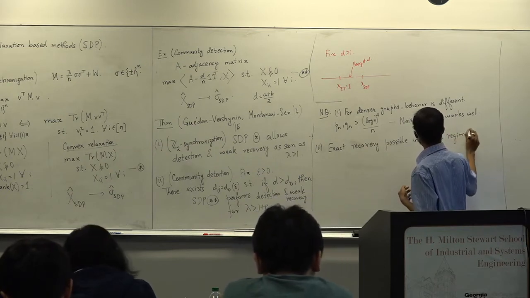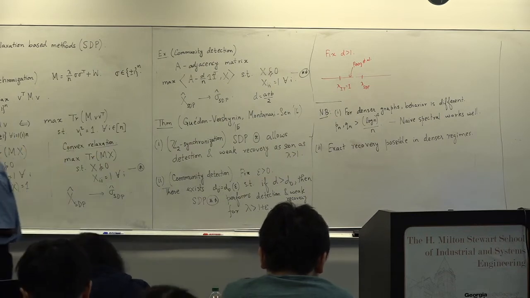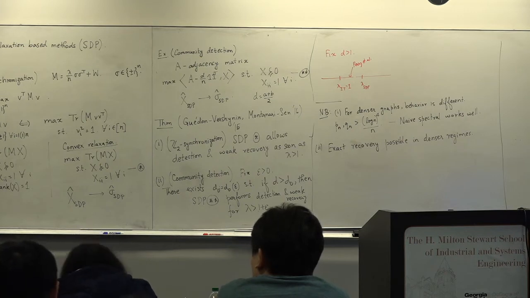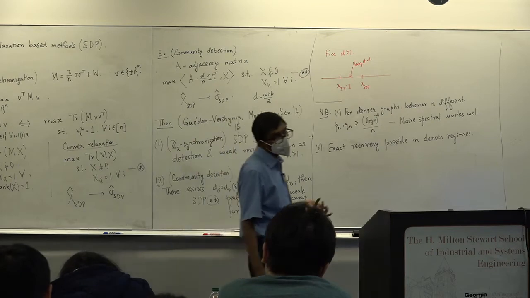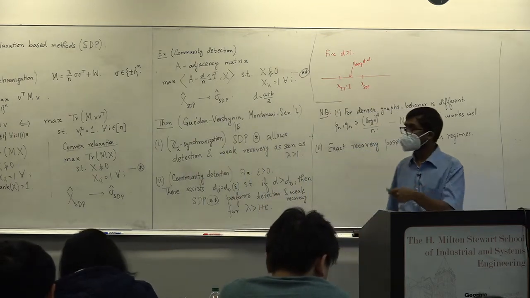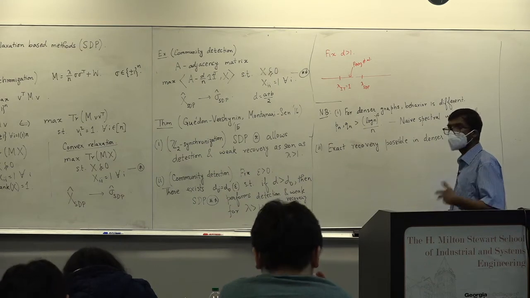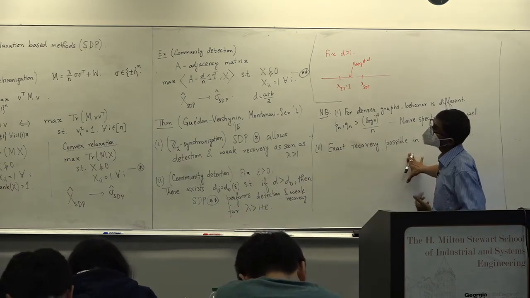This you sort of expect, in that, as we discussed yesterday, the main reason why we can't do exact recovery in the very sparse case is that there are isolated vertices. So if your graph becomes denser, at some point all the vertices become connected. So you would expect that you can get some information about every vertex. In particular, once the degree is logarithmic and higher, you can go for exact recovery.